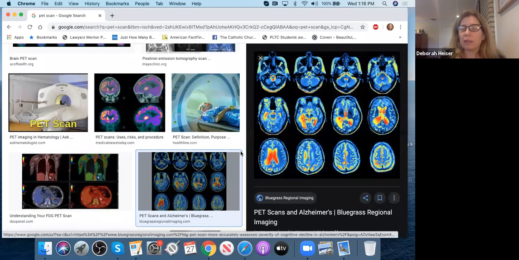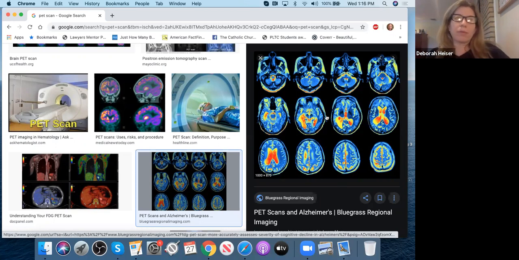So this is even more information that we're able to receive than from the MRI. So from here, you're able to see areas that are lit up. You can see different areas of the brain by the different colors that are showing here.